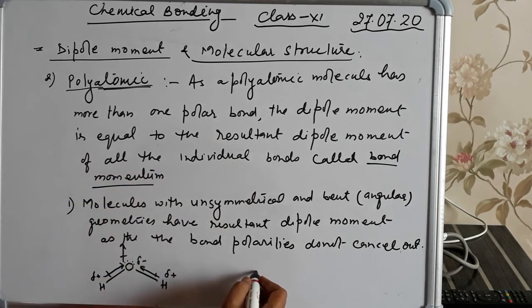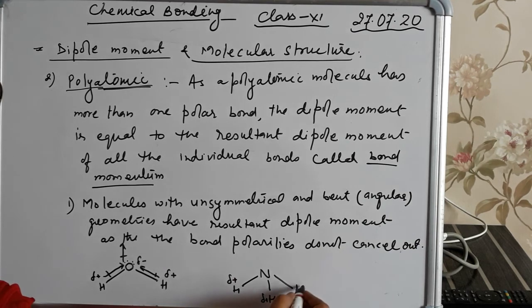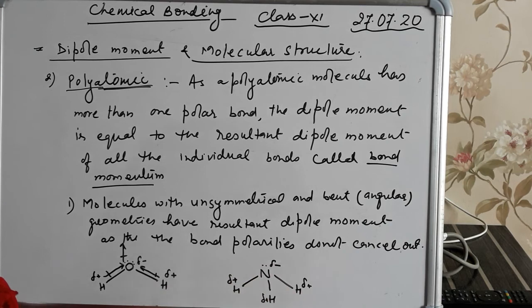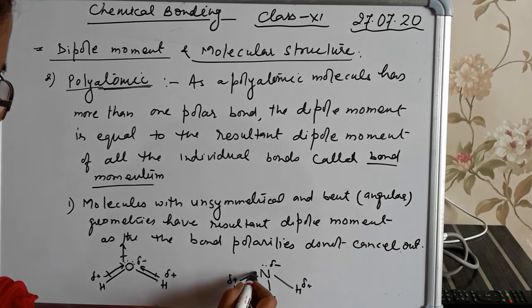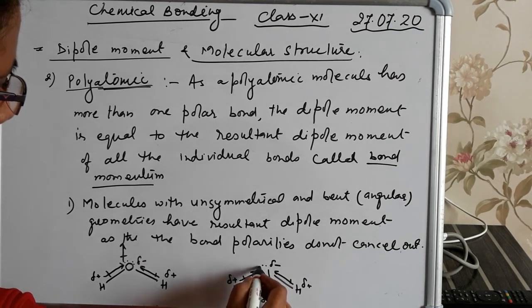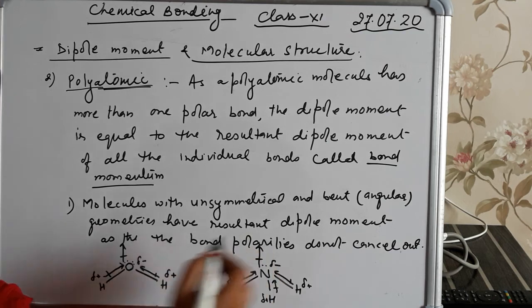In the case of NH3, there is positive and negative charge, and the dipole moments add on, because nitrogen is more electronegative than hydrogen, and it is also in the direction of the lone pair.